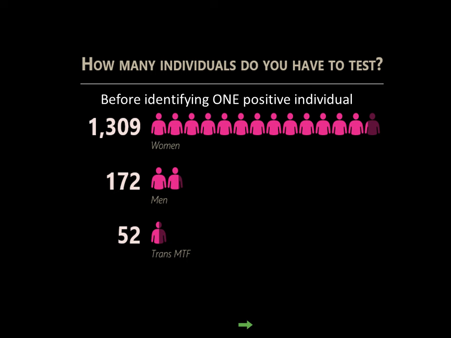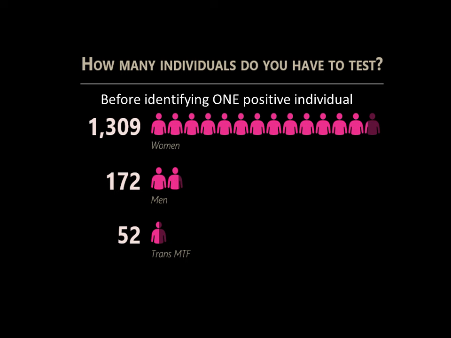So when we looked at all of our tests in Virginia, the next question that we asked was, well, how many individuals did we have to test? So how many women had to be tested before you identified one positive woman? And similarly for men and transgendered male to female.